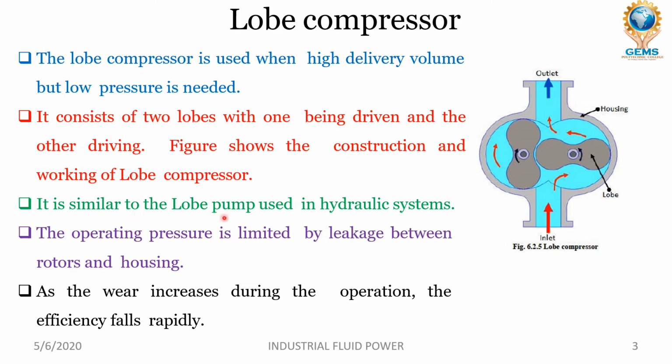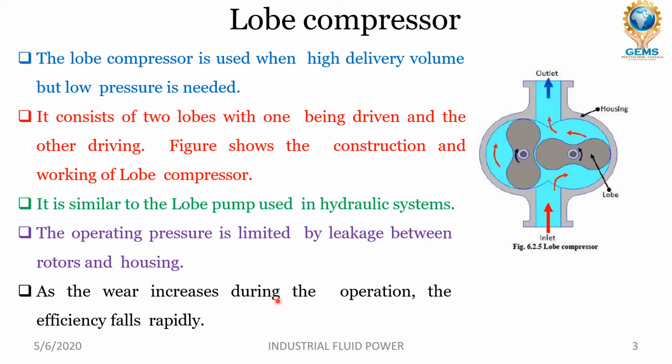It is similar to the lobe pump used in hydraulic system. Yes, this lobe compressor is very similar to the lobe pump used in the hydraulic system. In hydraulic system, we are using oil to flow, but in the lobe compressor, we are sending air to compress. The operating pressure is limited by leakage between rotors and housing.